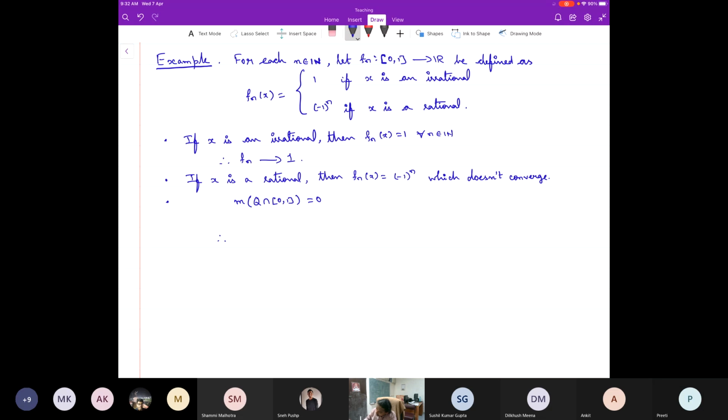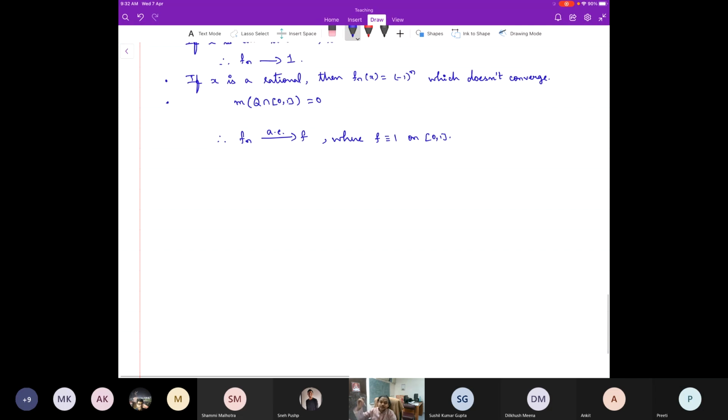So therefore, fn converge to f almost everywhere, where f is just the constant function 1, where f is identically 1 on [0, 1]. Right. Fine. Yeah. Next one.